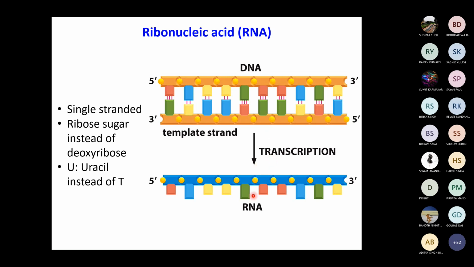So DNA to RNA, that step is known as transcription. I had told about another term, when proteins are formed from RNA to protein. Does anyone know? Translation. Okay. Those who are answering must have had biology in class 12th. So that's fine. In molecular biology, we'll be discussing these two things, transcription and translation.